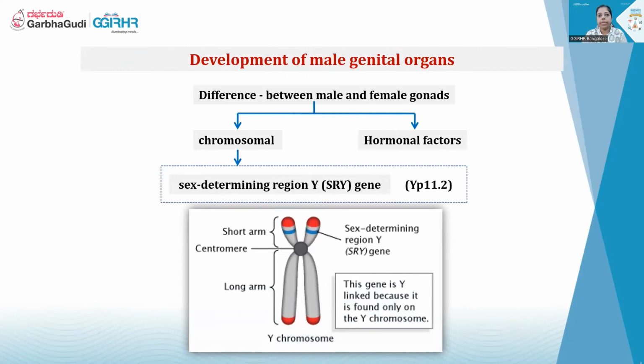The most important is the SRY gene, which is located on the short arm, Yp11.2. That is the most important factor which determines male gonads, and it also helps initiate the downstream cascade and the testis development. The hormonal factor is testosterone from the Leydig cells.